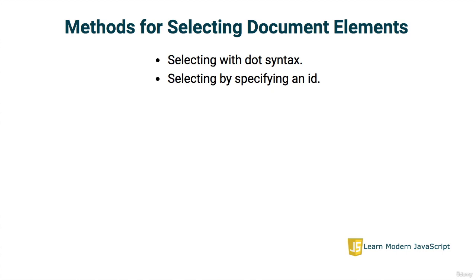Then you can select by specifying an ID. In HTML, every element can have an ID to identify that element. If you as a developer are responsible for the HTML code as well, then you can have IDs in your document for the places that you know you'll be using JavaScript.